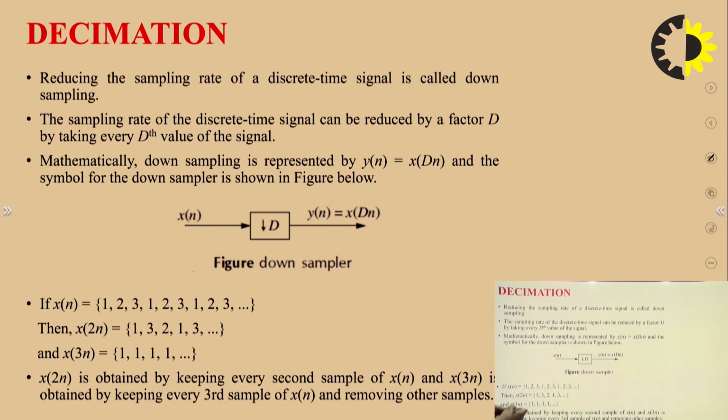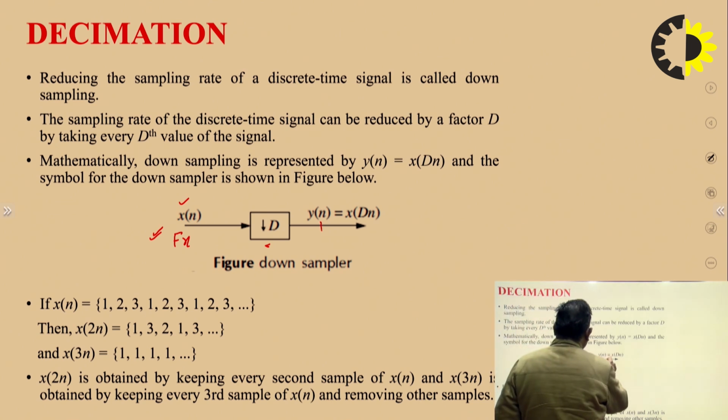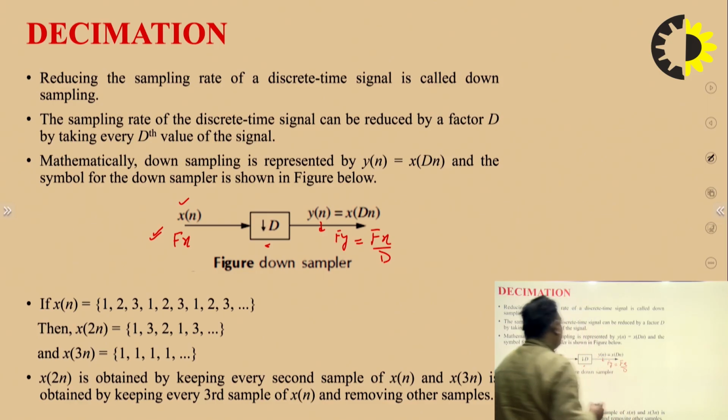You can see this in the figure of a downsampler, which downsamples by a factor of D. Suppose we have a signal x(n) with rate Fx. After the downsampler, the output signal y(n) will have rate Fy equal to Fx by D. It means the rate is reduced at the output.